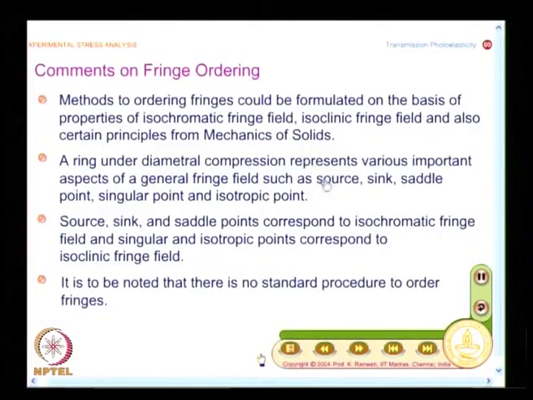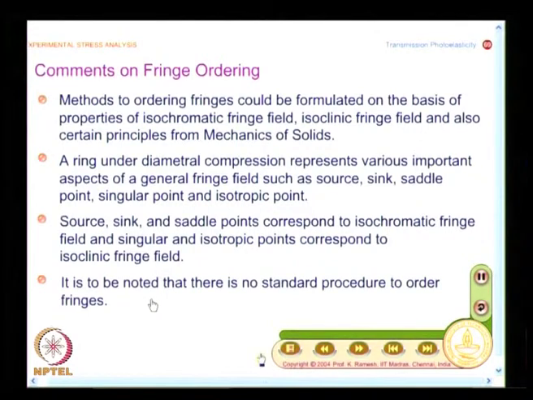We have seen in the case of photoelasticity, you have many important fringe field features such as source, sink, saddle point, singular point and isotropic point. I also mention that source, sink and saddle correspond to properties of the isochromatic fringe field, while singular and isotropic points correspond to the isoclinic fringe field.